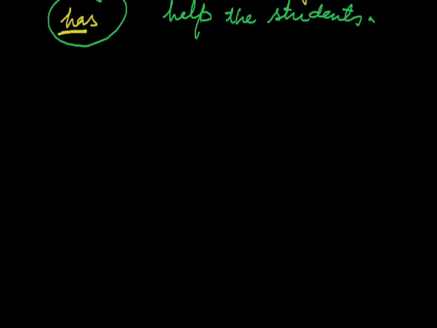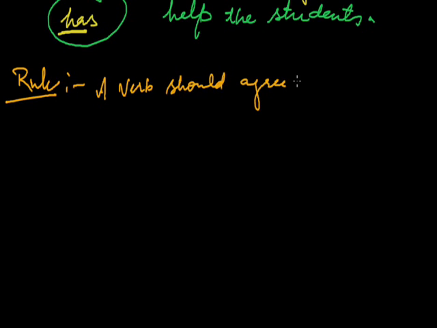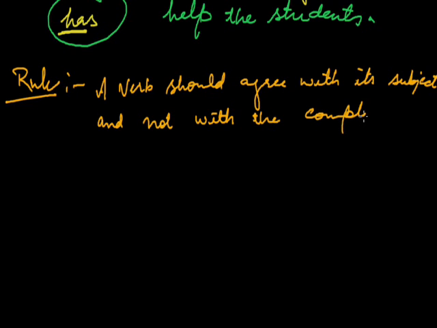Now, the next rule is that a verb should agree with its subject and not with the complement. Please pay attention. Example: our only guide was the stars.